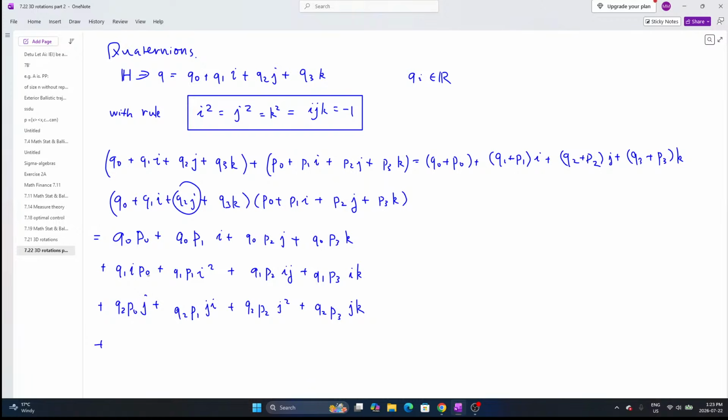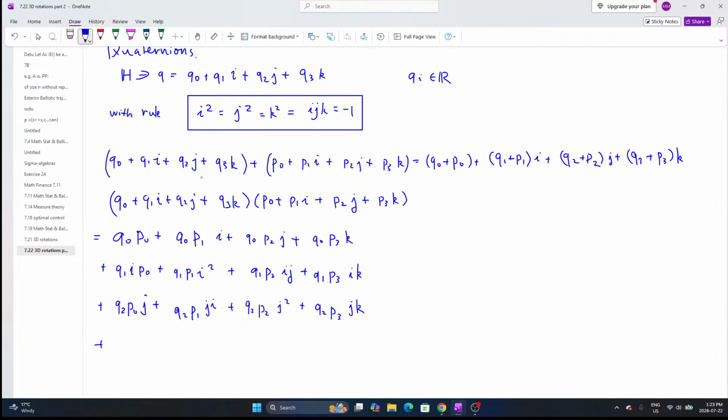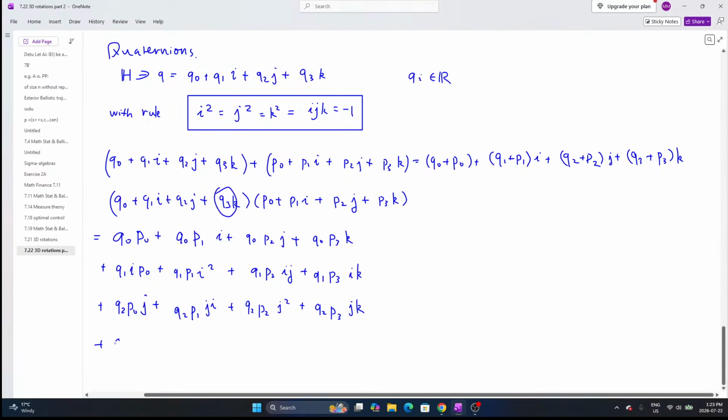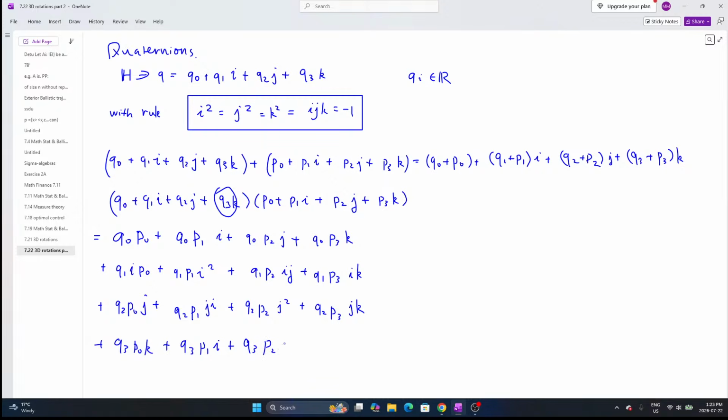Okay, and lastly you get Q3 P0 k, and then Q3 P1 ki, Q3 P2 kj, and lastly Q3 P3 k squared.